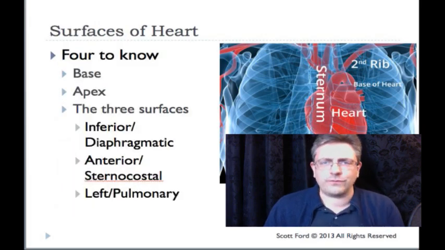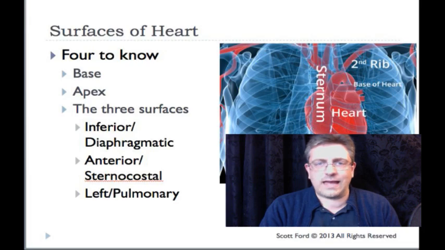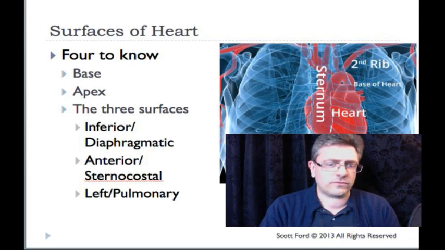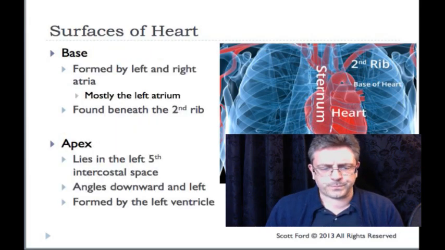We have surfaces of the heart that you need to be aware of. We have the base, the apex, and 3 surfaces. We have the inferior or diaphragmatic surface, we have the anterior or sternocostal surface, and we have the left or pulmonary surface.